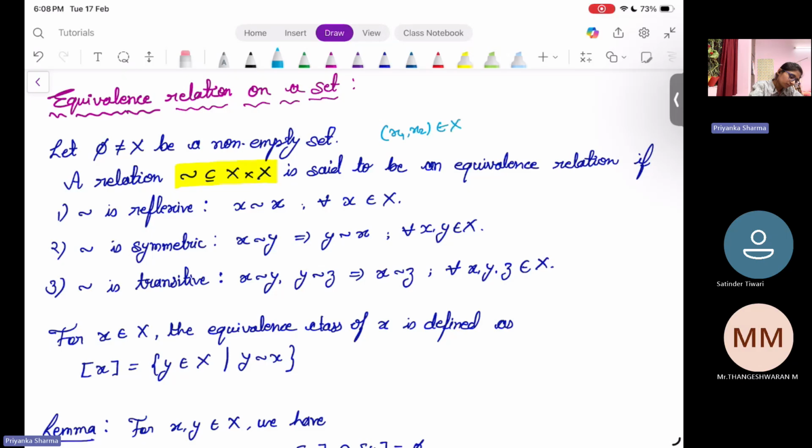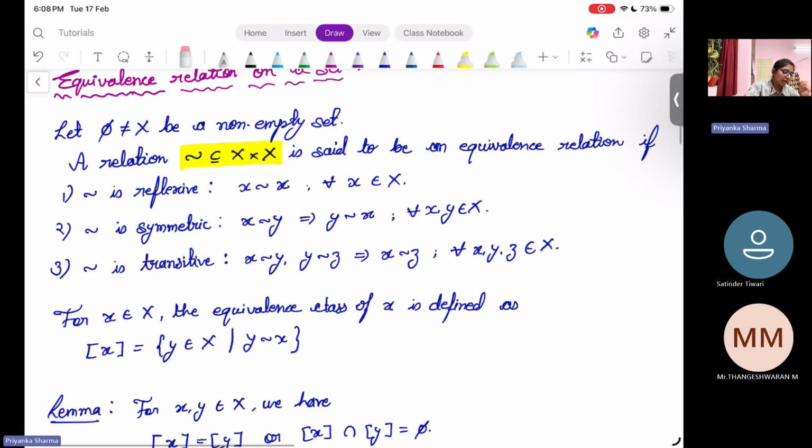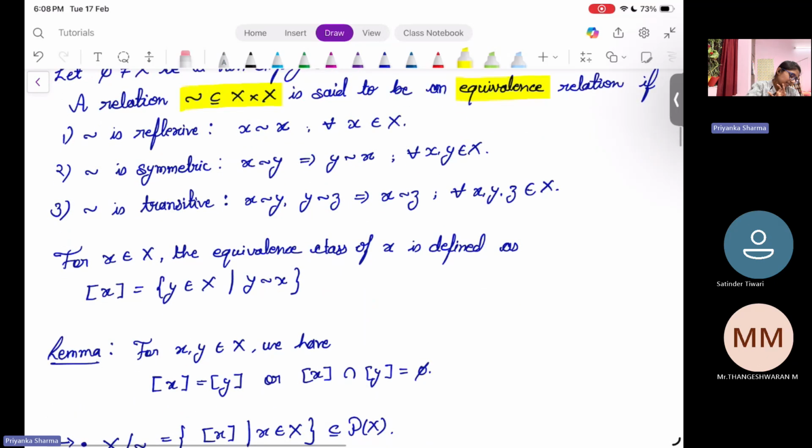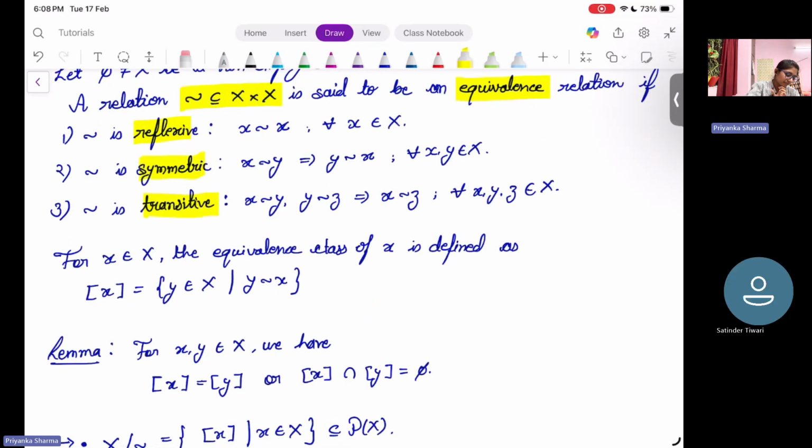Any subset of X cross X will be a relation, and a relation will be an equivalence relation if it satisfies three conditions: it is reflexive, symmetric, and transitive.